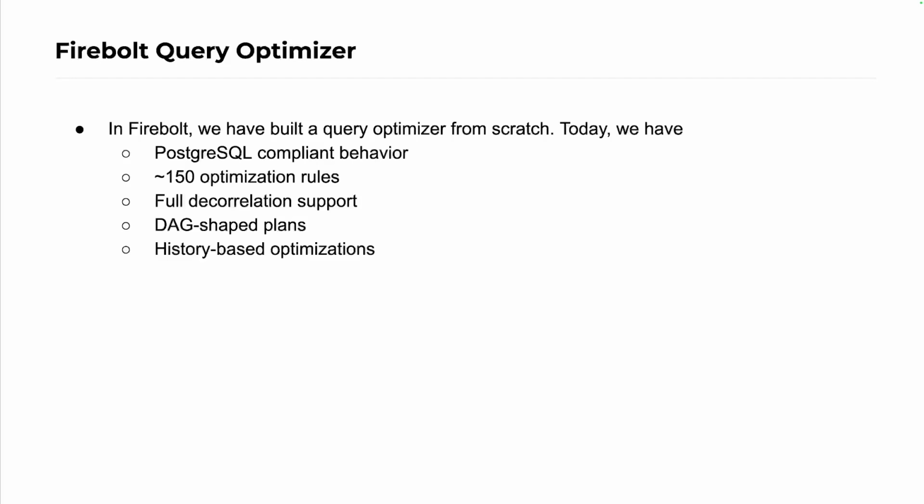We have about 150 optimization rules, including full decorrelation support. Our optimizer runs on and produces stack-shaped plans, and it also includes history-based optimizations, meaning the query optimizer can learn from queries executed in the past to make better decisions.